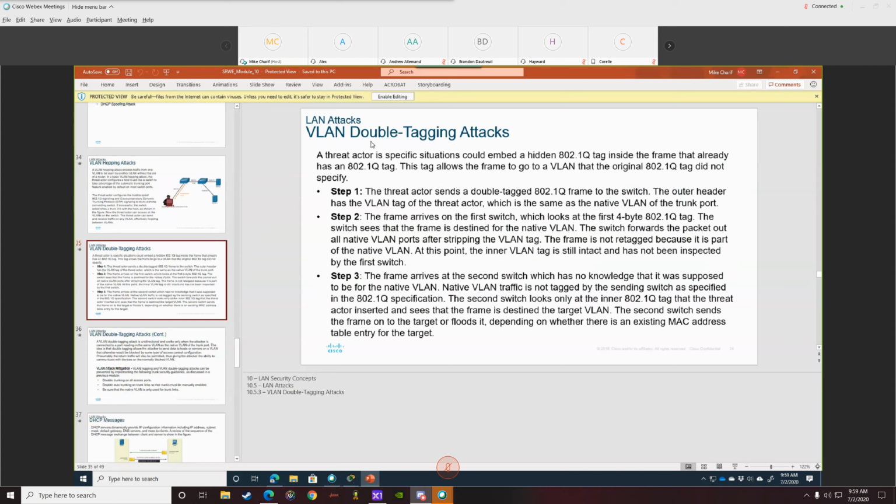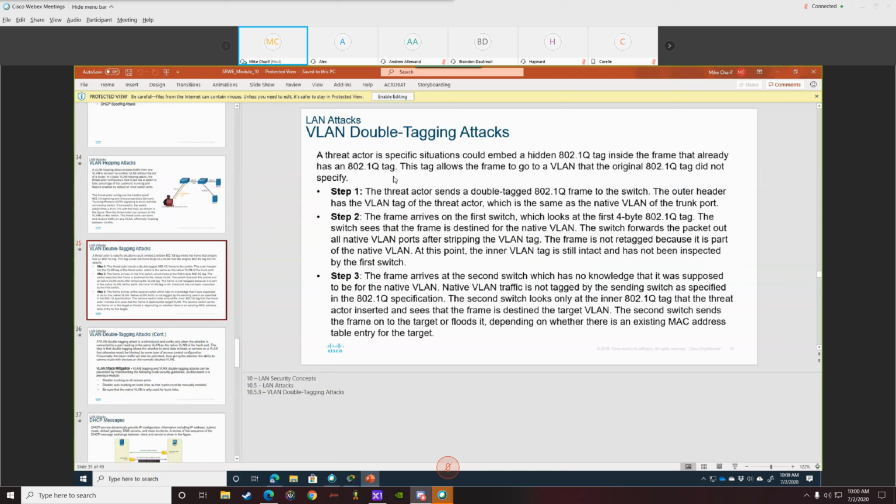So how do VLAN double tagging attacks work? This is how you do it. The threat actor, in a specific situation, could embed a hidden 802.1Q tag inside a frame that already has an 802.1Q tag. This tag allows the frame to go to a VLAN that the original 802.1Q tag did not specify.